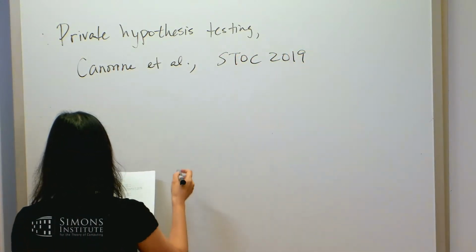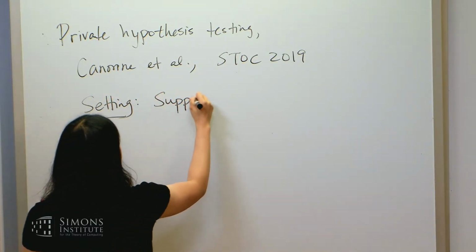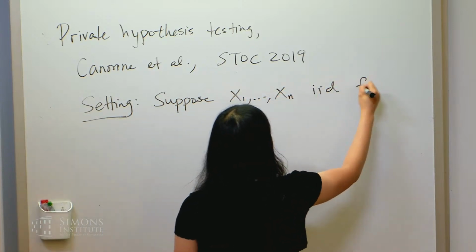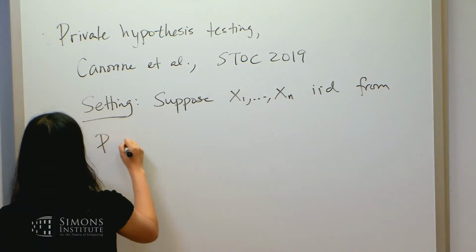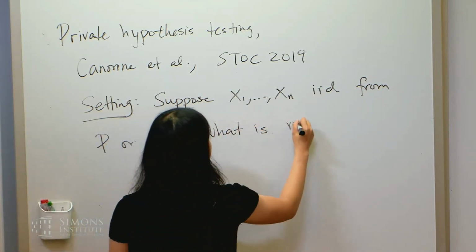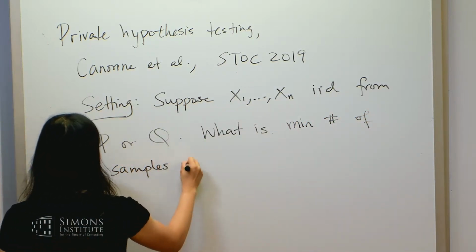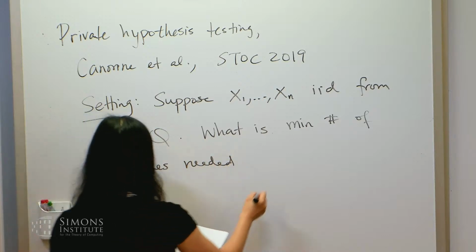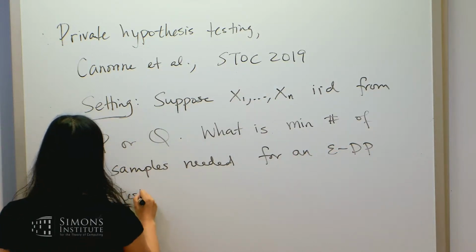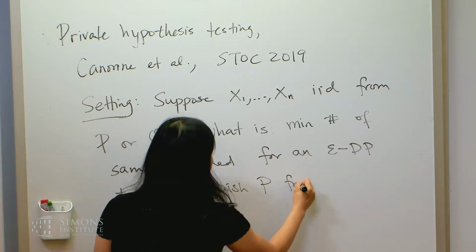And what they're asking is, suppose X1 up to Xn are IID from P or Q, then what is the minimum number of samples needed for an epsilon differentially private test to distinguish P from Q?